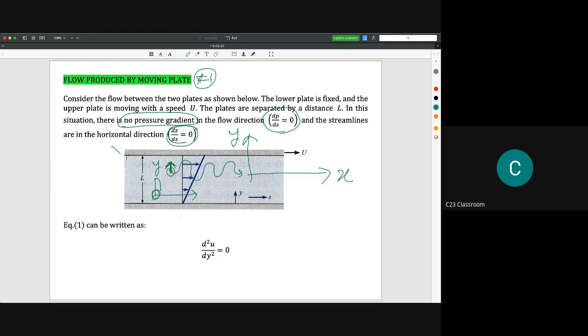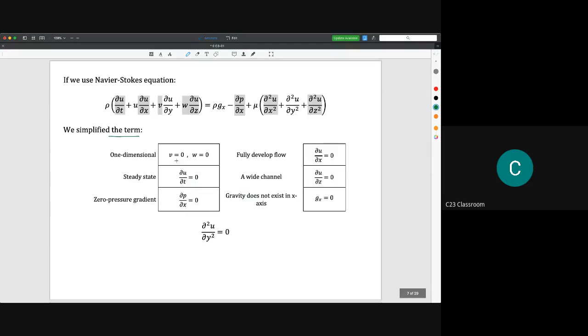And if this plate is in 3D, we assume the molecules are not moving in the z axis either. We just assume the molecules are moving on the x-axis. That's why we could simplify that the velocity v is 0 and the velocity w is 0.